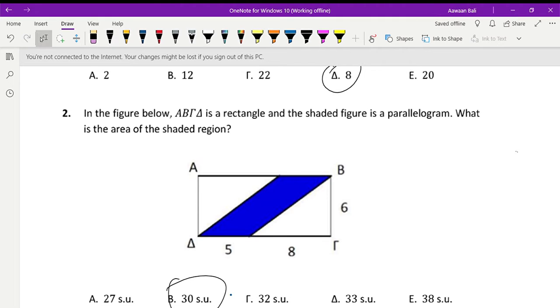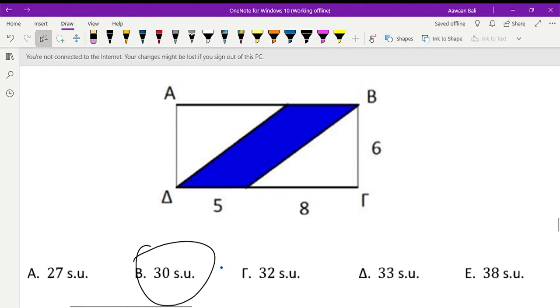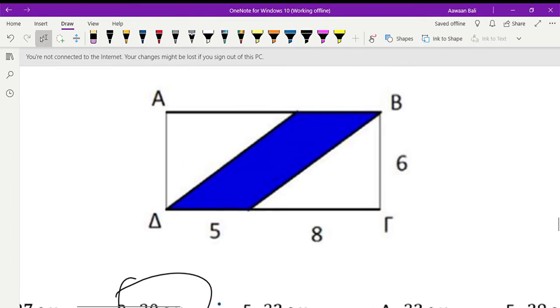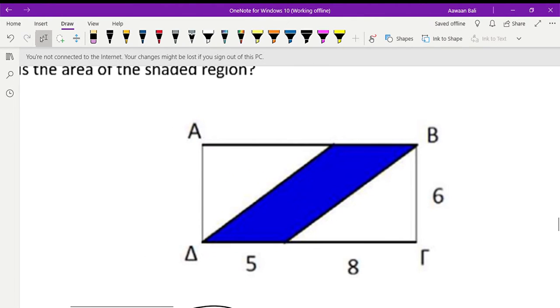Question 2. In the figure below, alpha, beta, gamma, delta is a rectangle and the shaded figure is a parallelogram. What is the area of the shaded region? Okay, so to find this one, there's multiple ways you can do this. You can find the area of a parallelogram directly, or you can find the area of the two triangles, add them together, and subtract the sum of those two areas from the area of the whole rectangle.